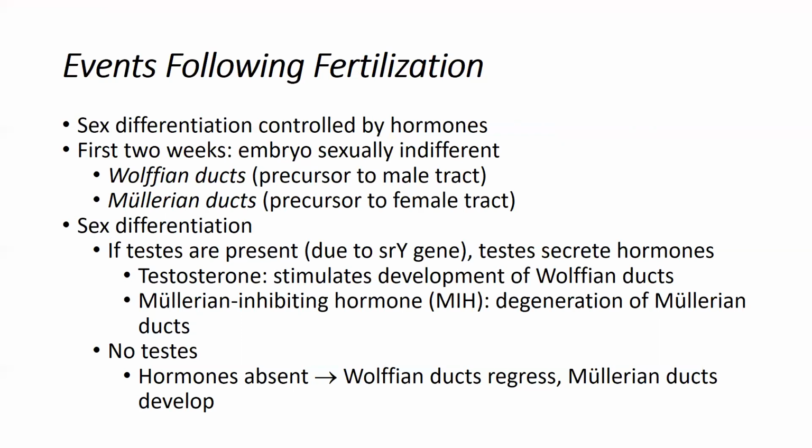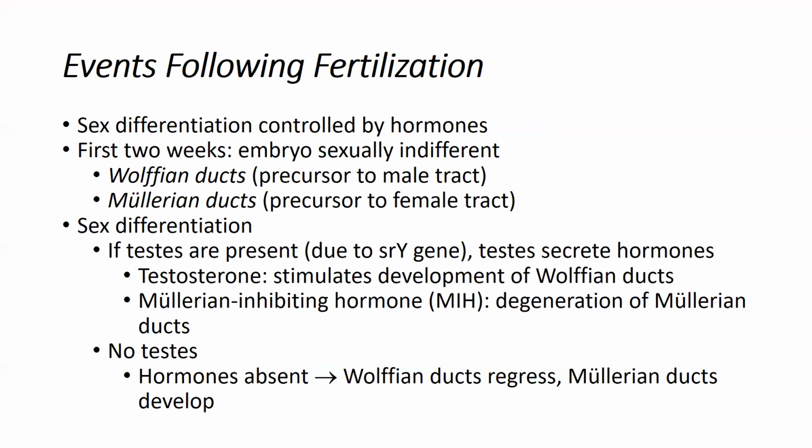There are no sex-specific structures being developed, just sort of ambiguous development. After the first 2 weeks, we have the Wolffian ducts form. The Wolffian ducts are the precursor to the male tract, so vas deferens, etc. And then we have the Mullerian duct form. The Mullerian ducts are the precursors to the female reproductive tract, so the fallopian tube, the cervix, etc.